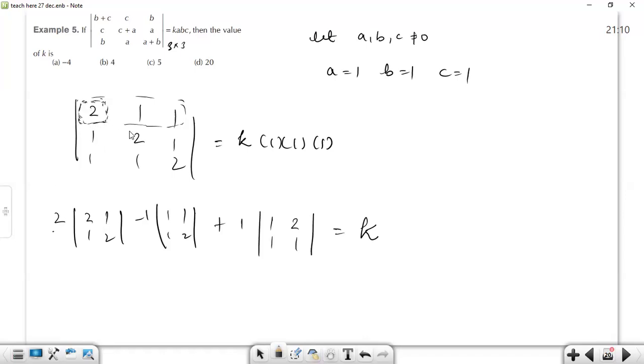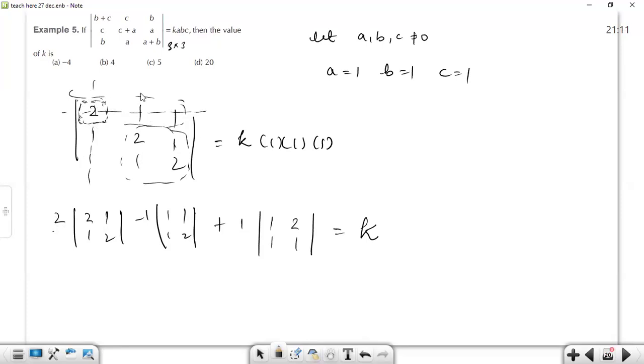So the element is 2, and for its cofactor we exclude the respective row and column. Whatever is left, we find its determinant, and multiply by minus 1 raised to the power i plus j. For this first row, first column, i plus j is 1 plus 1, that is 2, even. So the sign is going to be positive, then negative, positive.